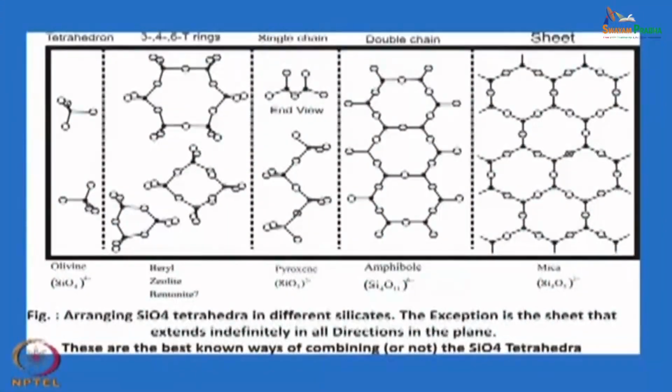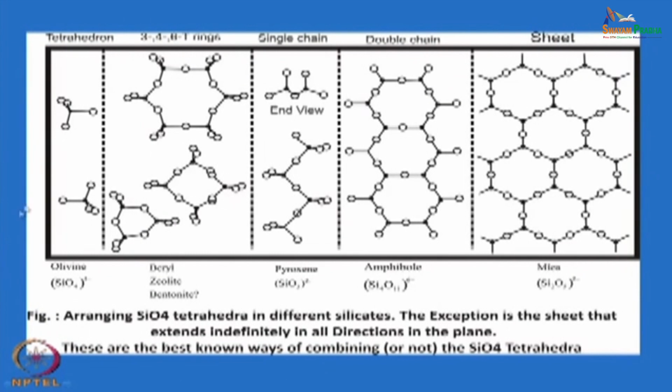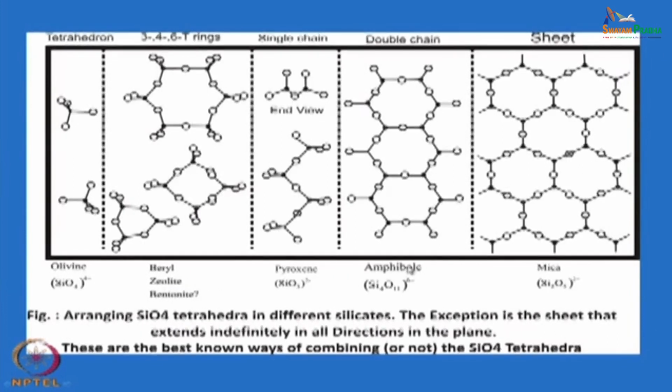This is also another summary, of course an additional structure is also there. The only additional information is that these are called olivines in mineralogical name. This kind of structure is available in beryl, one kind of silicate mineral. Then pyroxene, amphibole have been discussed.